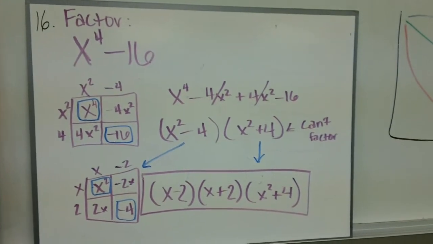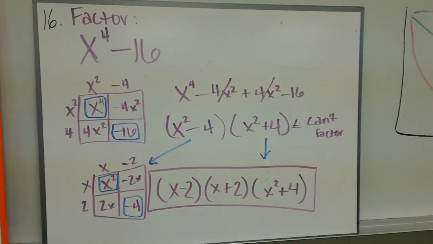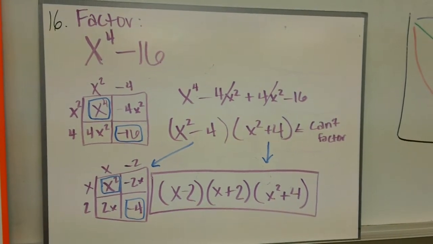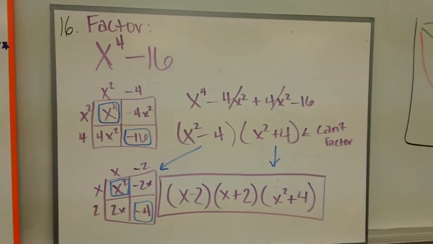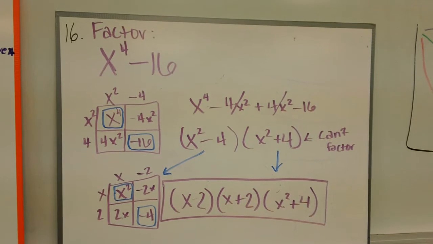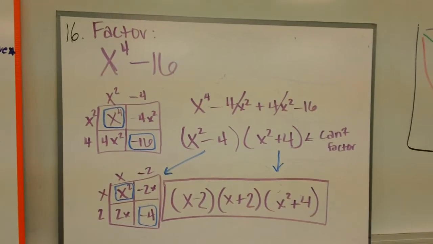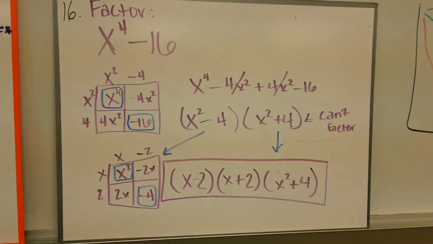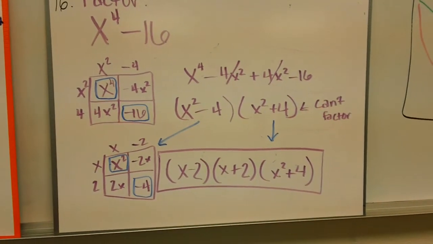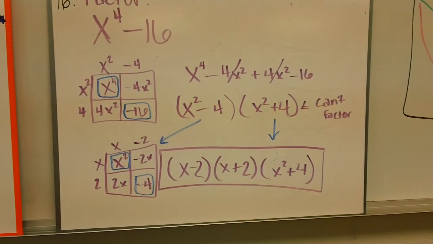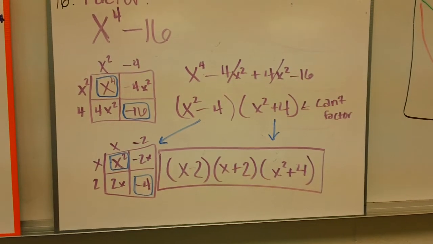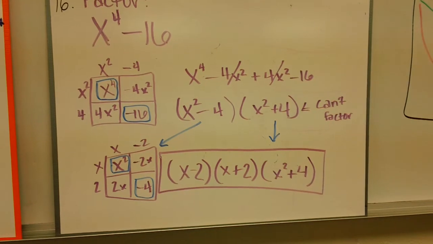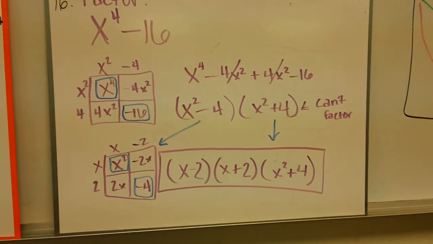So the problem is x to the 4th minus 16, and it's the difference of squares, so you can put it in a reverse box and factor it. So you have to find out what two things will make x to the 4th minus 16. So you find out that it's x squared minus 4 times x squared plus 4, and you can't factor x squared plus 4.